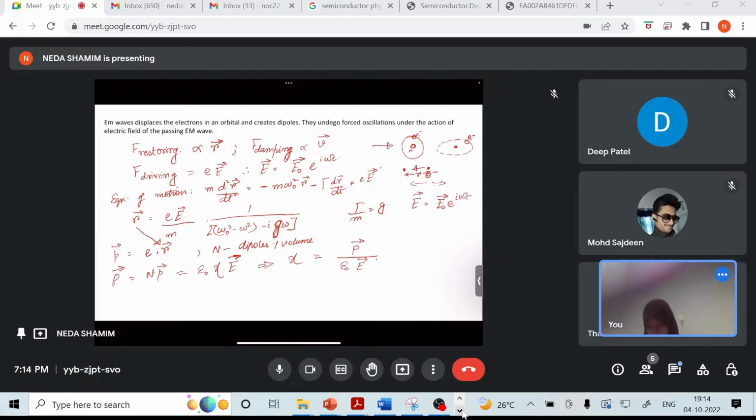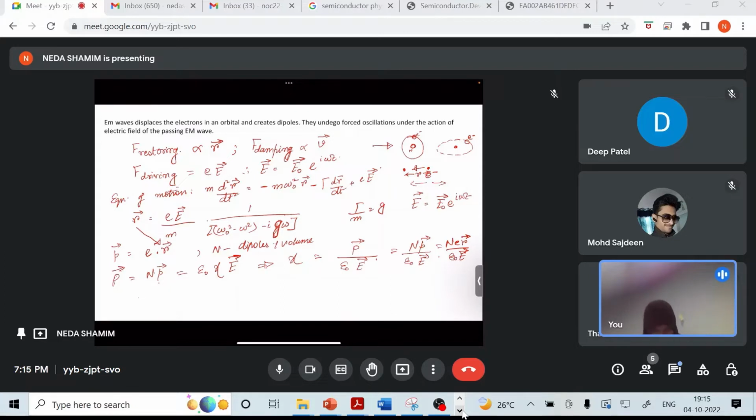So we can substitute P over here: n p over epsilon 0 E, and p is e times r. So we substitute r over here. That will be equivalent to n e times the displacement vector over epsilon 0 E. Now just plug in r over here.